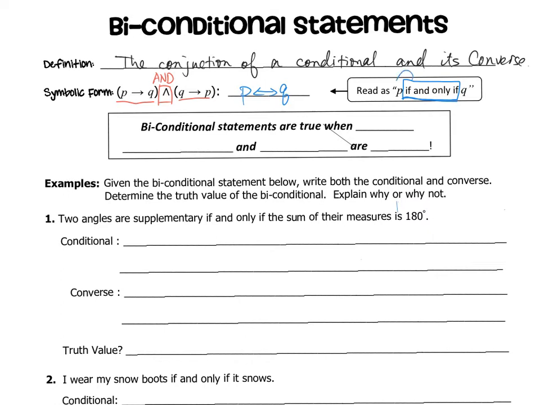Everything before that keyword is my P. Everything after that is my statement Q. Also, finally, biconditional statements are true when both the conditional and its converse are true.